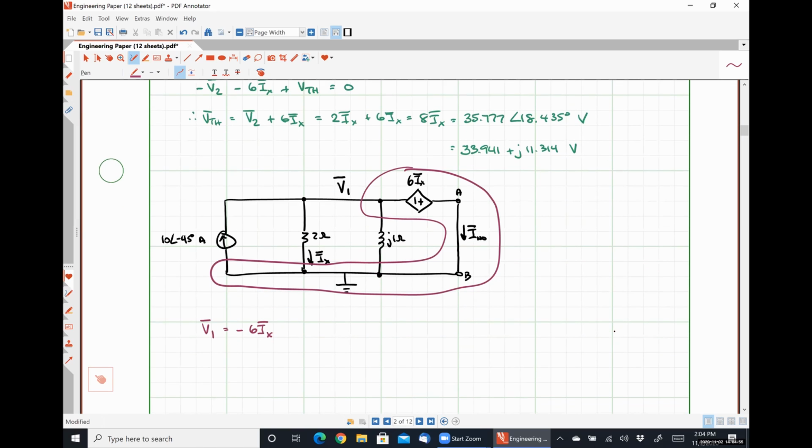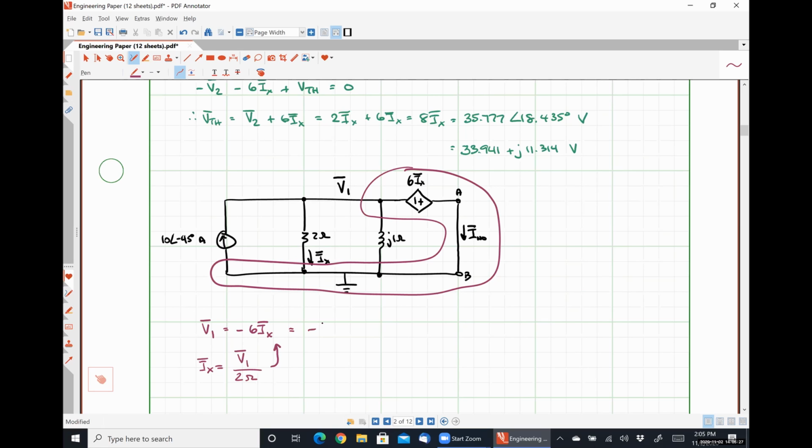All right. My other equation that I'm going to need, obviously I've introduced a new variable, Ix. So I need to express Ix in terms of my nodal voltage. How am I going to do that? Okay, so you're saying current is equal to voltage over resistance. There we go. And I'm going to substitute this relationship into here.